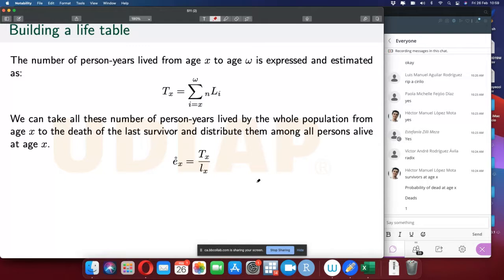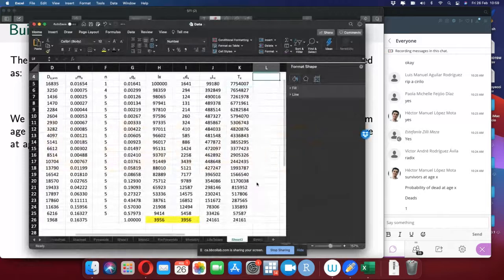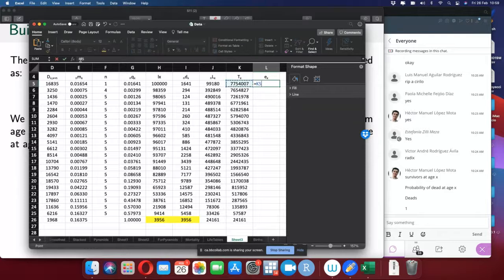And that is the definition of life expectancy. Well, this is complete life expectancy. So we're going to take all these 7.7 million person years and then divide by the survivors that I have.